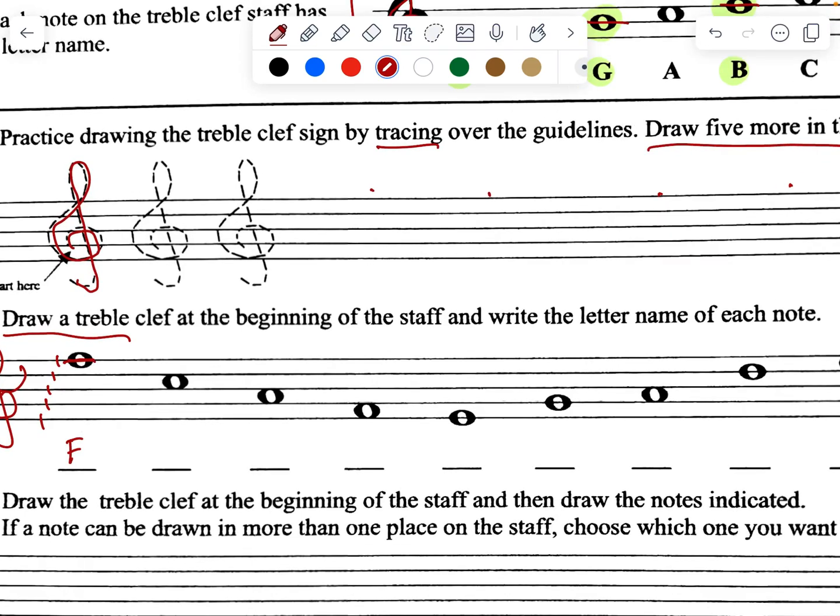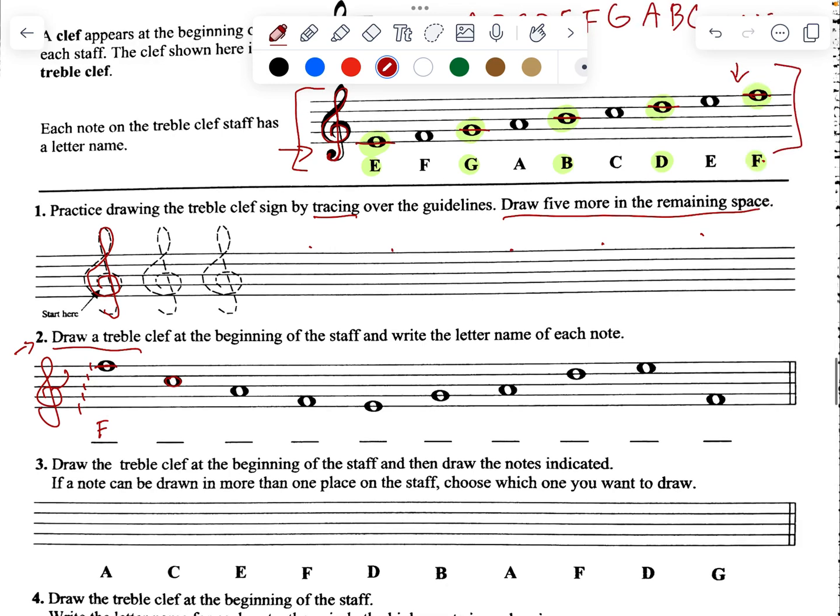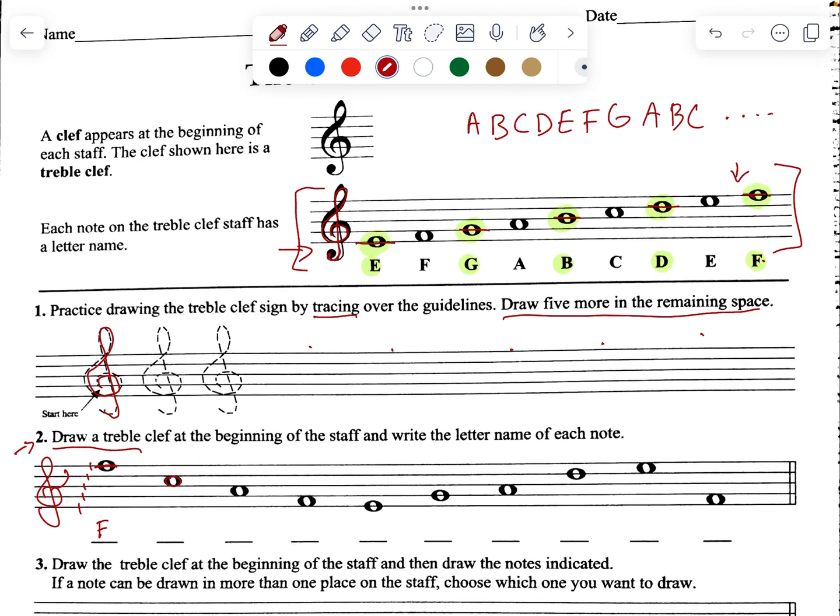Okay, let's go on to the second one. Oh, this note is not on a line. It's between 2 lines. So we would call that a space note. All right. For space notes, if we come back up here, you'll notice, I'll highlight them in purple.